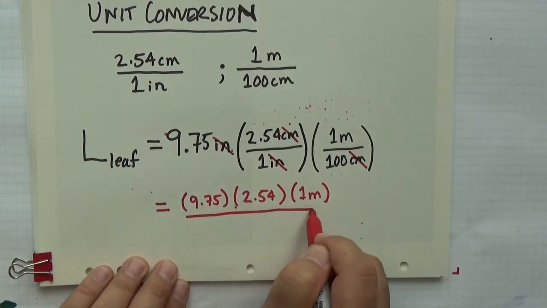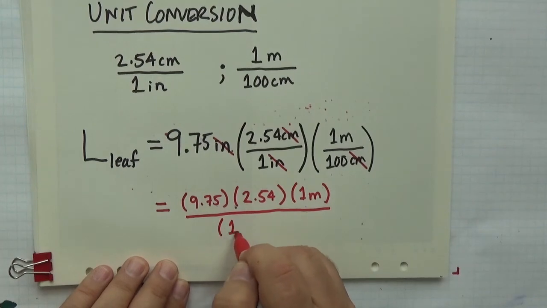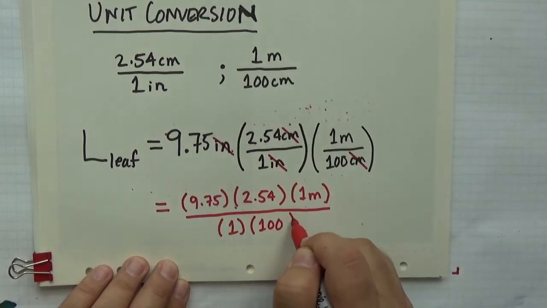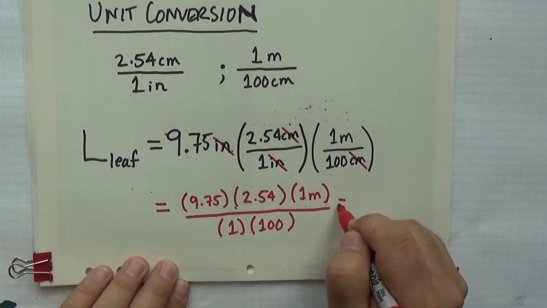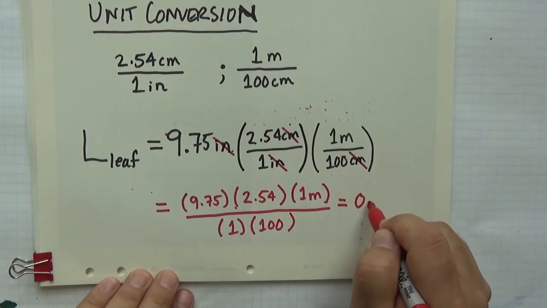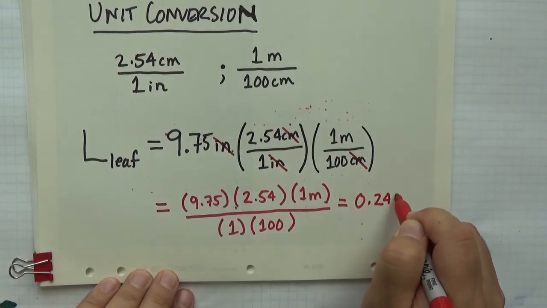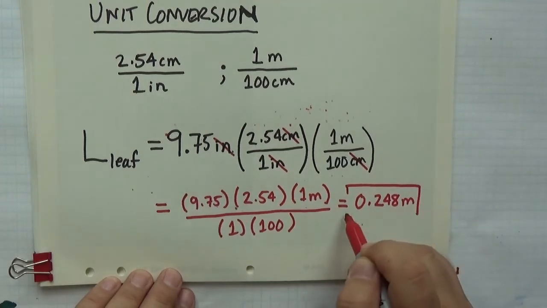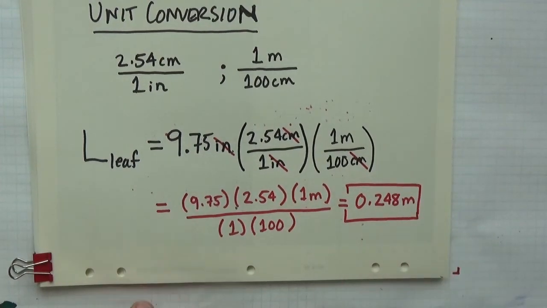All of that is divided by 1, the inches have canceled out, times 100, the centimeters have canceled out, and if I punch all of that into my calculator, I get 0.248 meters. So that is the unit conversion of that 9.75 inches into metric.